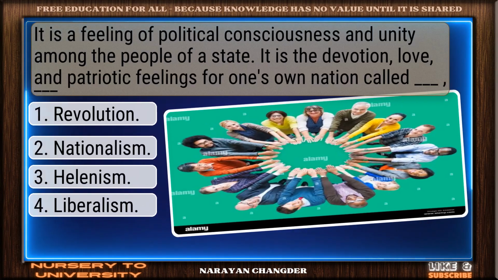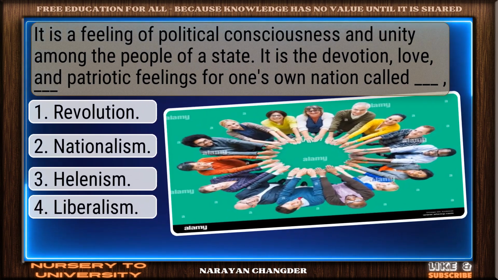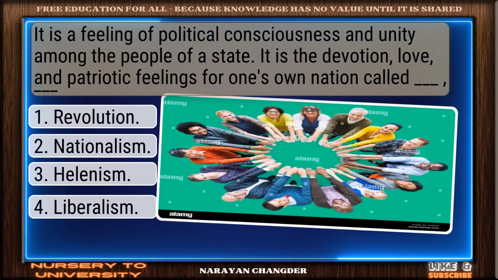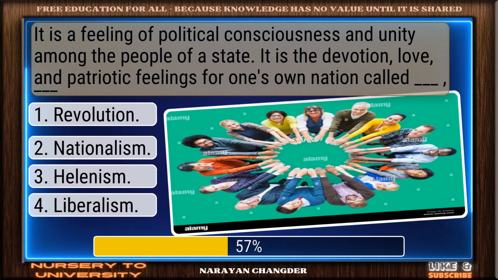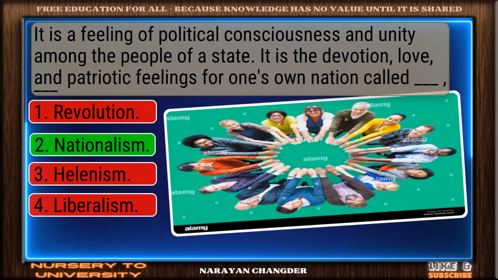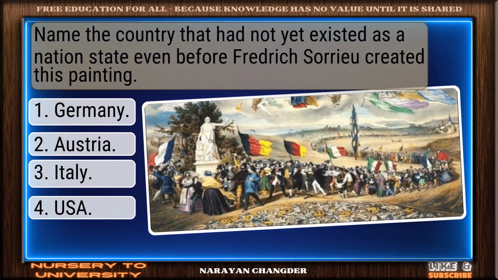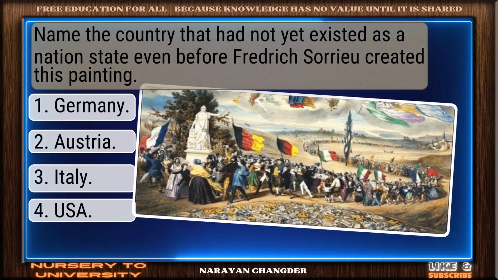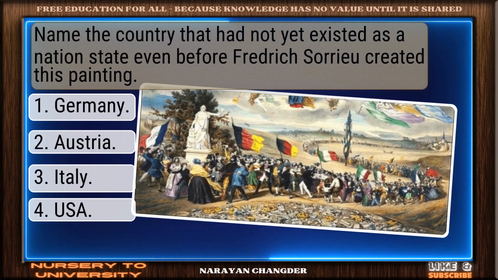It is a feeling of political consciousness and unity among the people of a state. It is the devotion, love and patriotic feelings for one's own nation, called ___. Strong choice. Nationalism is right. Name the country that had not yet existed as a nation-state even before Frederic Sorrieu created this painting.